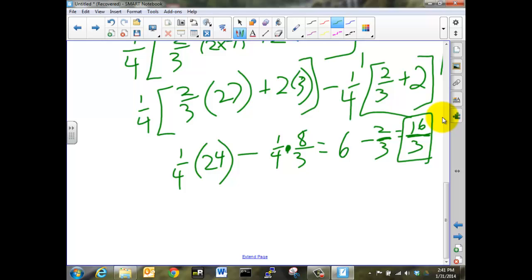There's 6 FRQs, and then there's all the multiple choice. Fortunately, something like this, I would not anticipate being on an AP exam, because this takes 5 minutes to do.